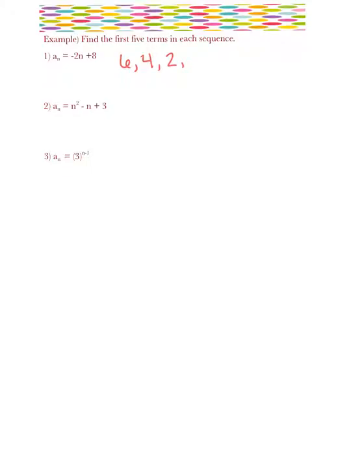When I plug in a 4, I'm going to get a 0. When I plug in a 5, I get a negative 2. So there are the first 5 terms in the sequence just by plugging in n equals 1, n equals 2, n equals 3, 4, and 5.